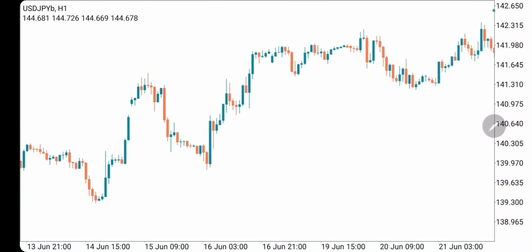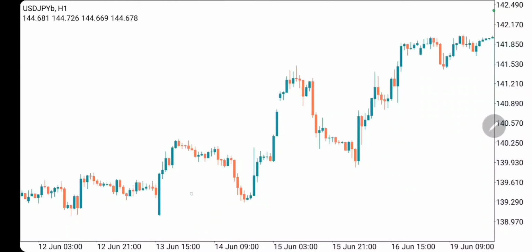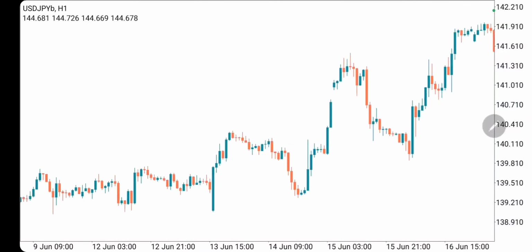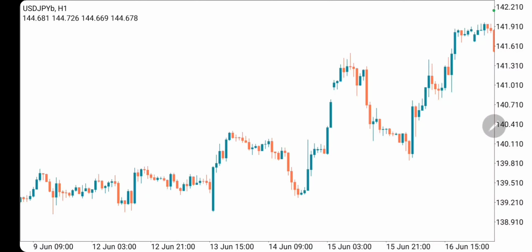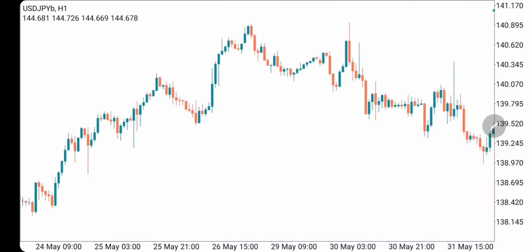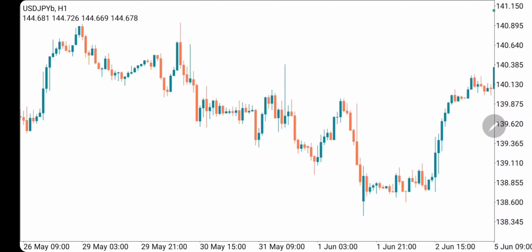All right, let us see it in the chart. As you can see here, the market is making higher highs and higher lows. So this is a bullish market structure. Now let us look at a bearish market structure. Now this is a bearish market.